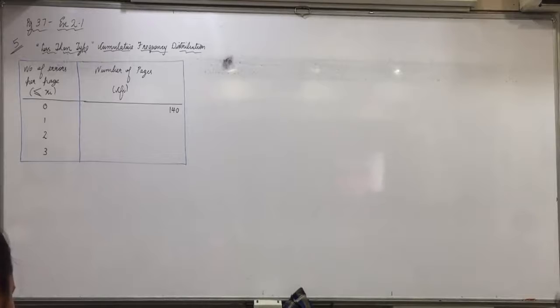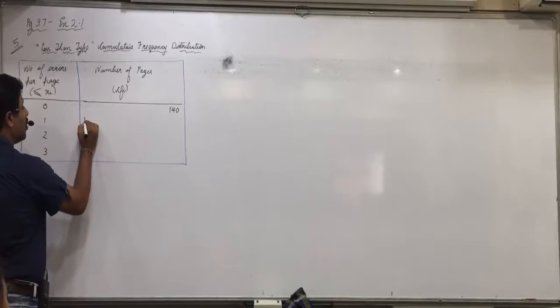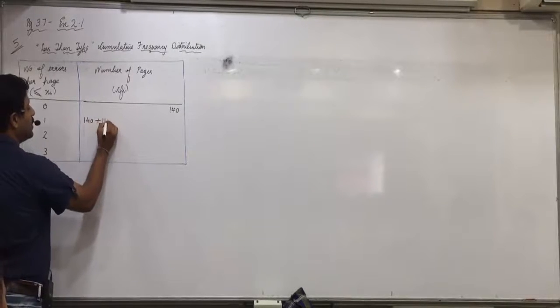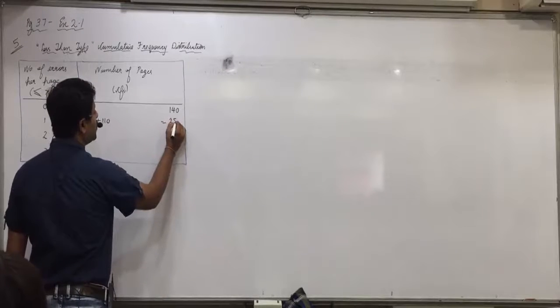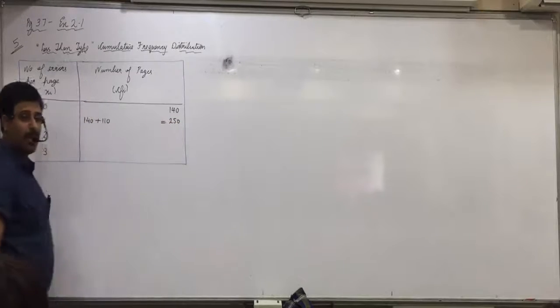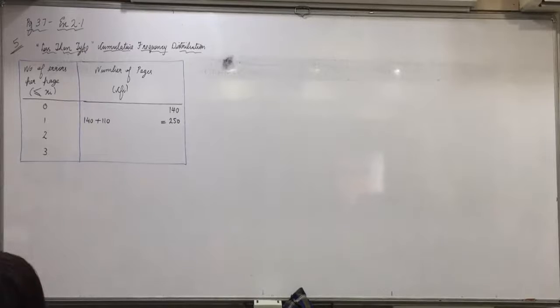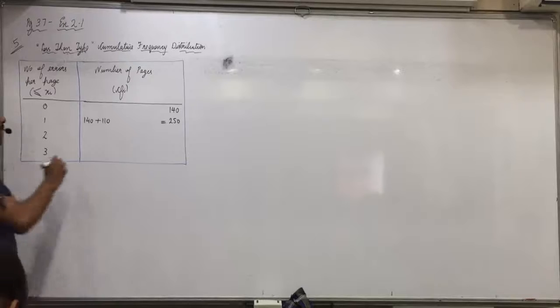Then what is the next? 110. Now you add from top to bottom, means 140 plus 110, 250. Able to understand this? Then the next value is 2, so you add from top to bottom up till 2. Means which numbers we will add? 140 plus 110 plus 120.